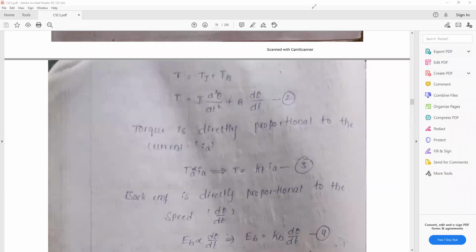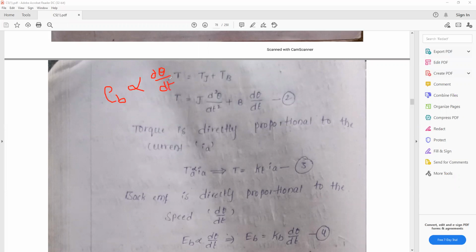Back EMF is directly proportional to angular speed. What is angular speed? d theta by dt.